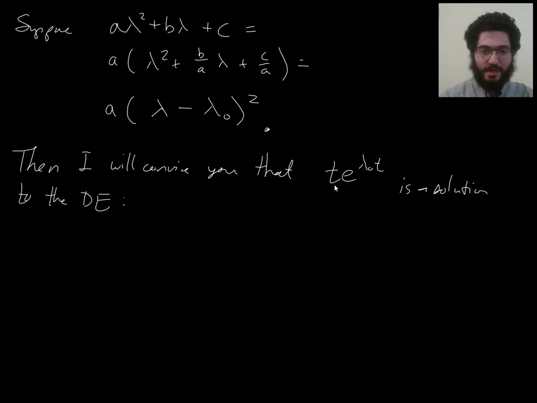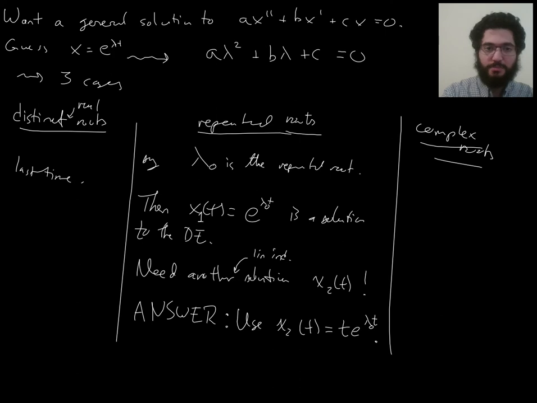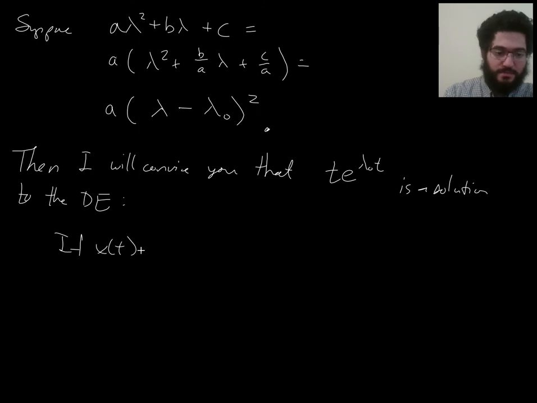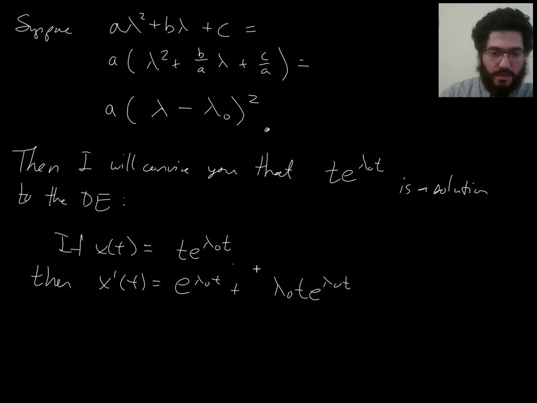All right, so how do I convince you? How about I just plug it in and see that it works? I'm going to take the original differential equation, ax prime prime plus bx prime plus cx, and plug this in. This is going to be kind of boring, so I'm going to skip over some of the calculation. If x of t is t e to the lambda naught t, then x prime of t, I have to use the product rule, and I get this.